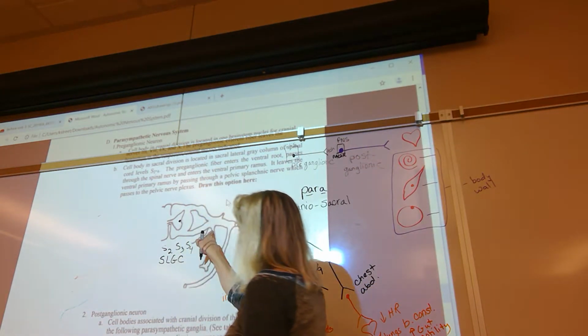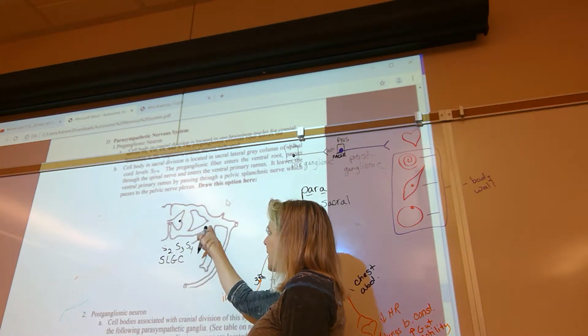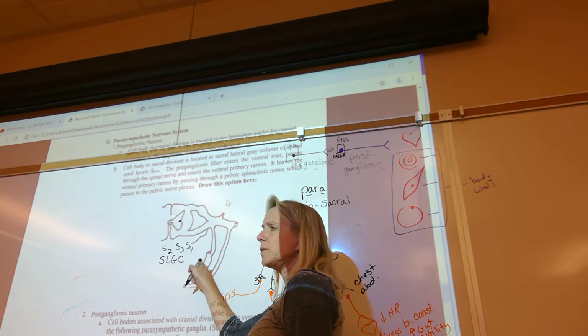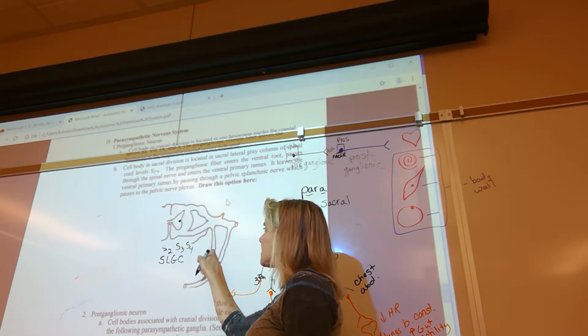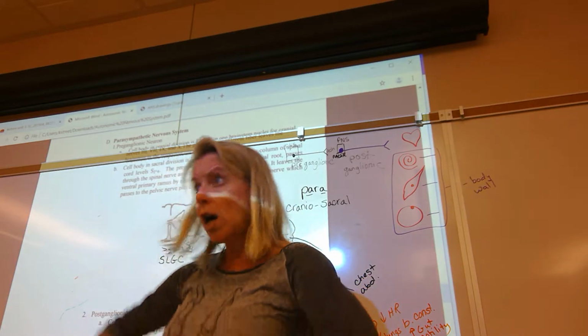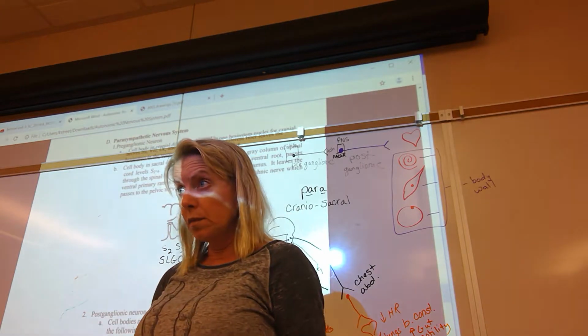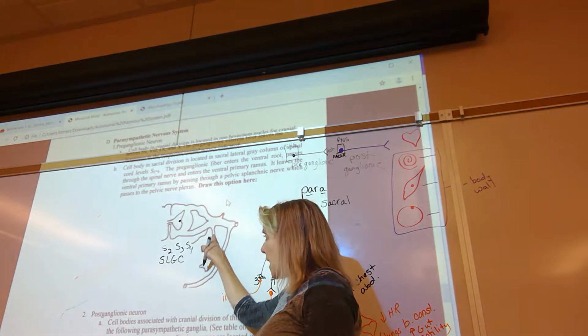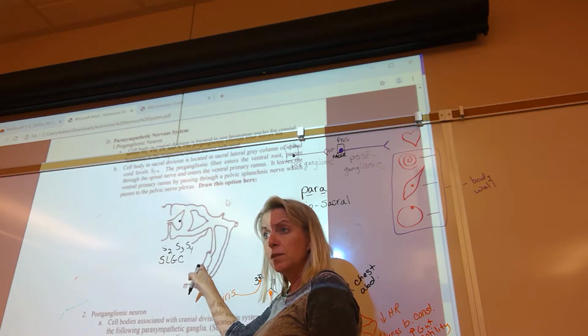What options? Okay, well, first of all, you see this right here? That is a gray ramus connected to a sympathetic trunk. That's an exit route. Remember I said gray rami are found all along the vertebral column. Should a parasympathetic nerve enter here?